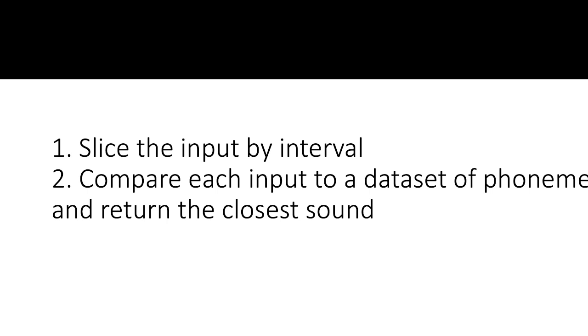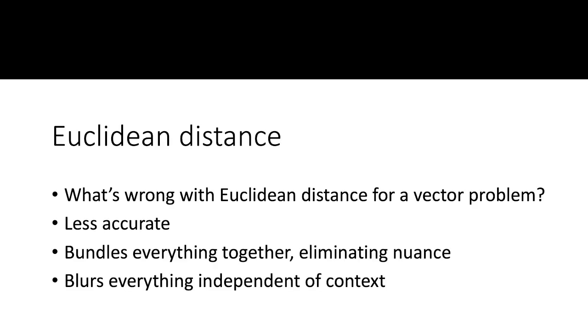Basically, we slice the input interval and compare each to the input of the data set that's inside of the tree. Initially, I wanted to do this with Euclidean distance because something you'll notice, and is a drawback of using the cosine similarity, is that vowels are best determined by F1, whereas consonants are best determined by F3.